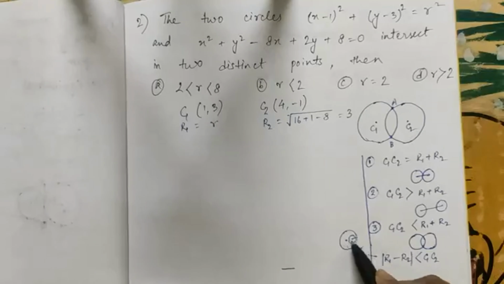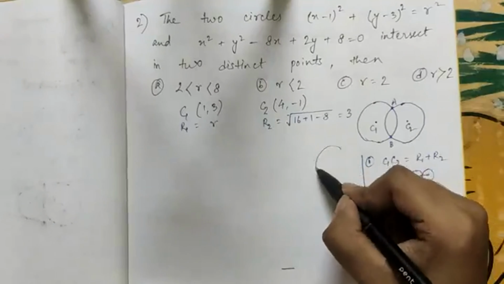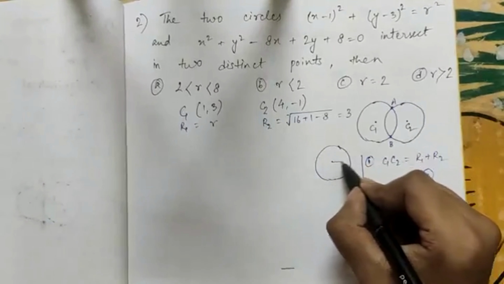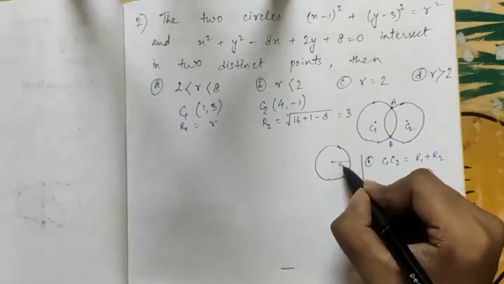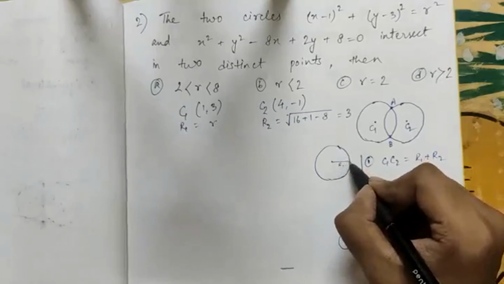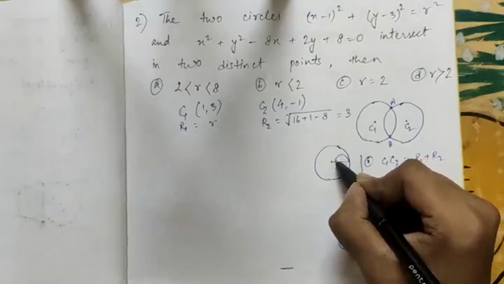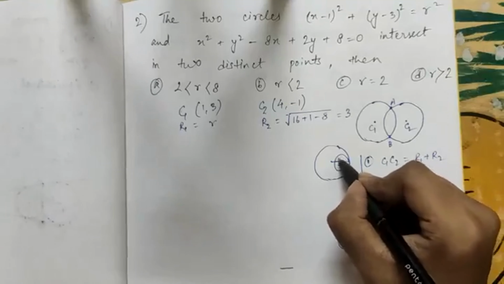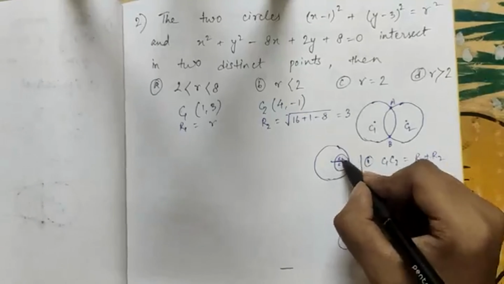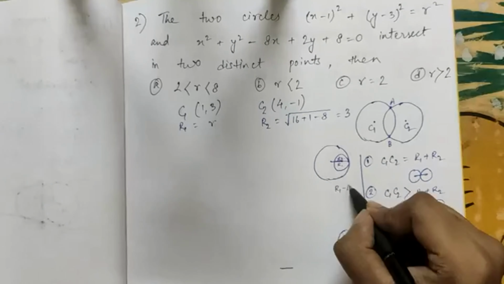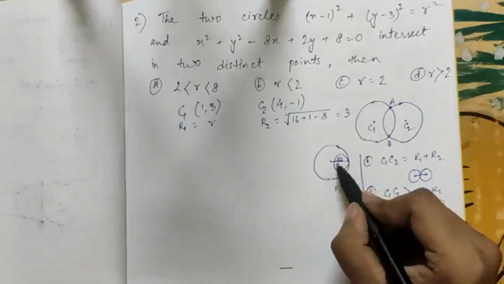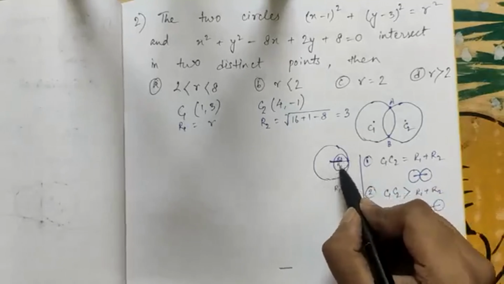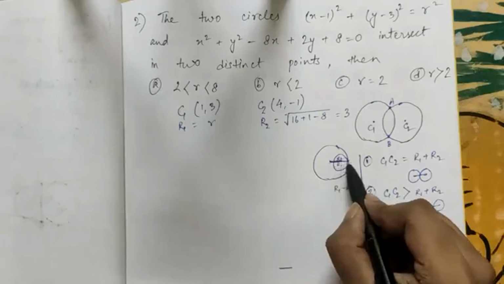Let me draw it clearly over here. Suppose this is the first circle and it has radius r1, and this is my other circle having its center over here, and this is r2. Can you say that this whole is r1 and this much is r2.